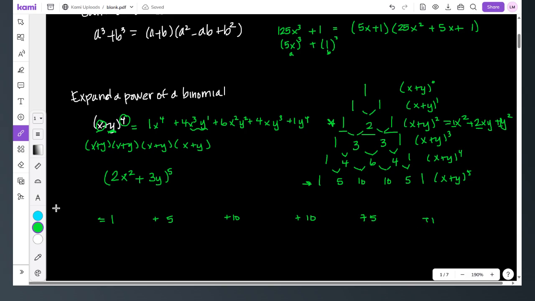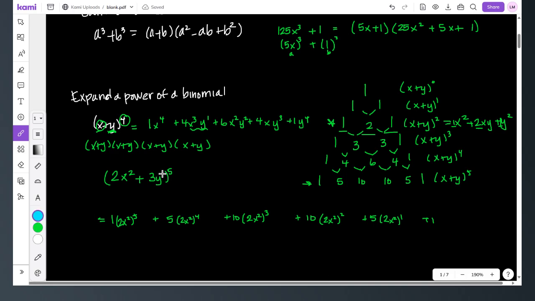Now we're going to fill in. I'm going to start with 2x squared. So 2x squared to the 5th, 2x squared to the 4th, 2x squared to the 3rd, 2x squared to the 2nd, 2x squared to the 1st, and then 2x squared to the 0. We don't need to write that.